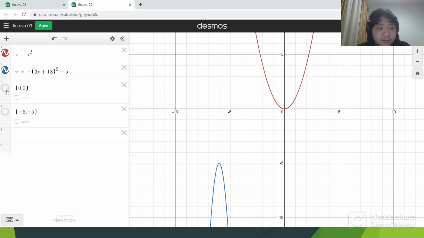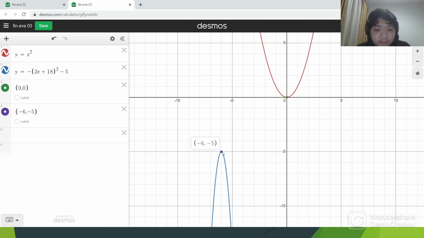So, the range basically is implemented to the point where the graph will curve out the other way. On the base function, the vertex will be at 0, but on the transform function, the graph vertex will be at negative 6 and negative 5.